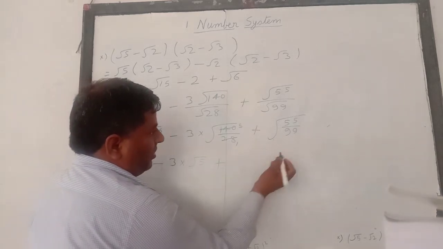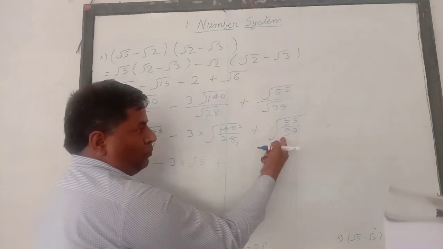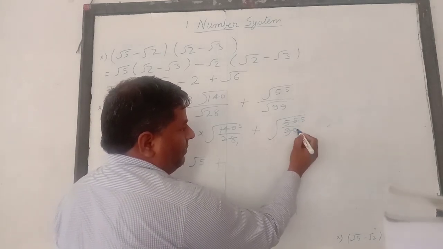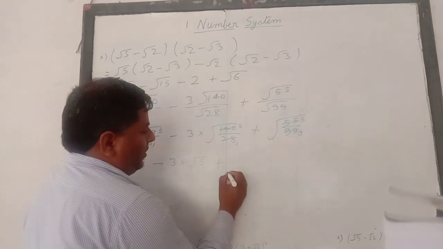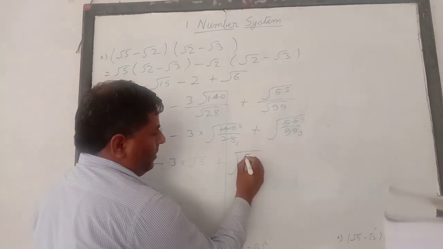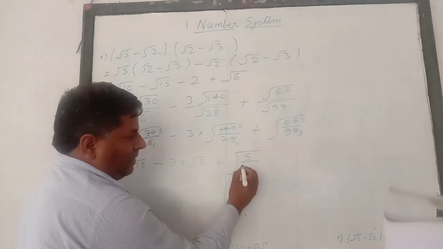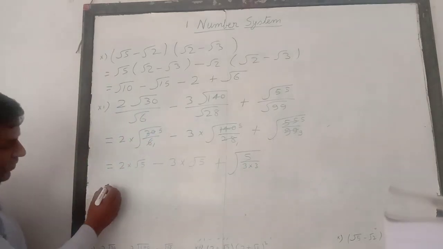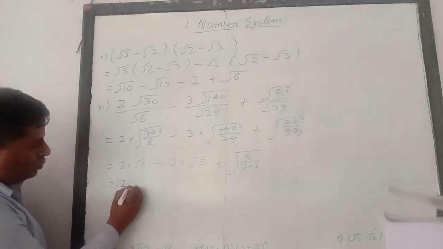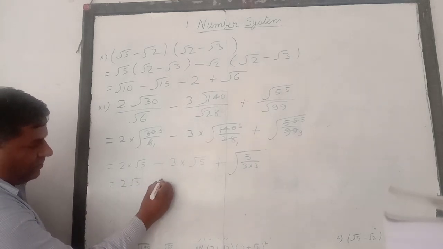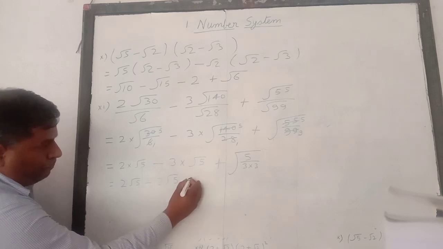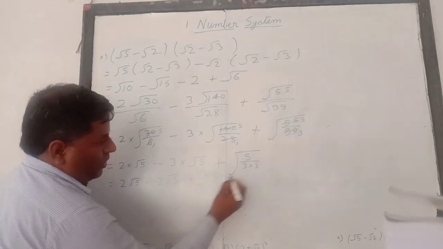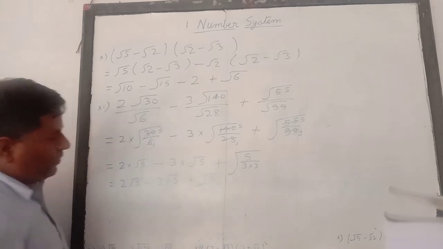Next you can see here the 11 table, both numbers come: 11 fives are 55 and 11 nines are 99. So here we have √(5/9), and 9 can be written as 3 into 3. So next we can write this as 2√5 − 3√5 + √5/3, since the square root of 9 is 3. So we have got this.